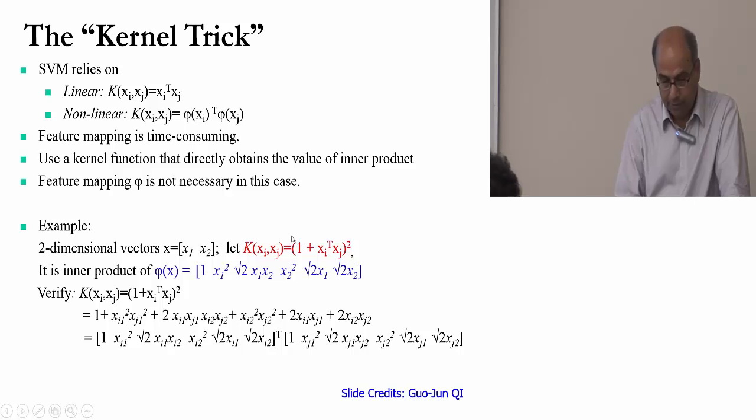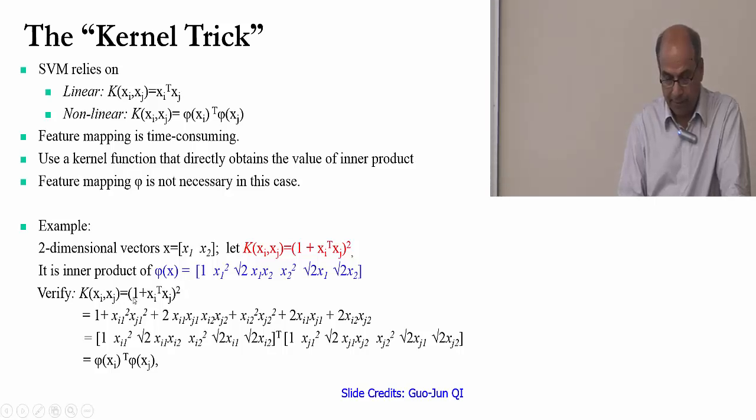So this whole thing, as we saw, what the kernel is doing is taking the two vectors xi and xj and finding the result like that, and that is equivalent to taking xi, applying the phi transformation where each xi will be mapped to 6 dimensions, taking xj and doing the same thing, and finding a dot product.